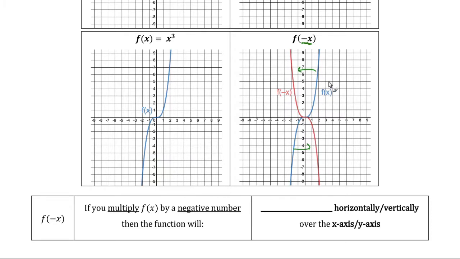But even though we're reflecting horizontally, we're going over the y-axis, flipping over the y.